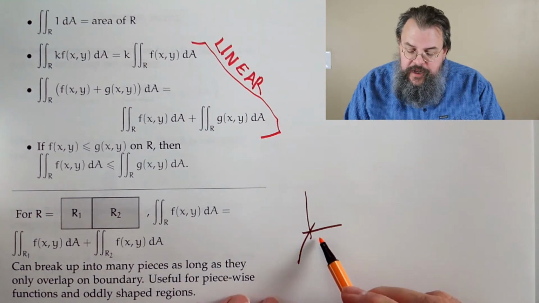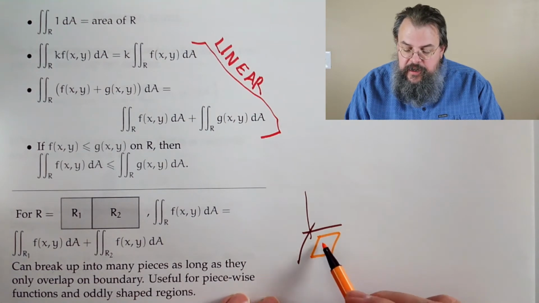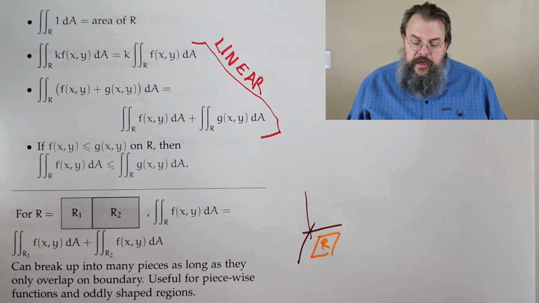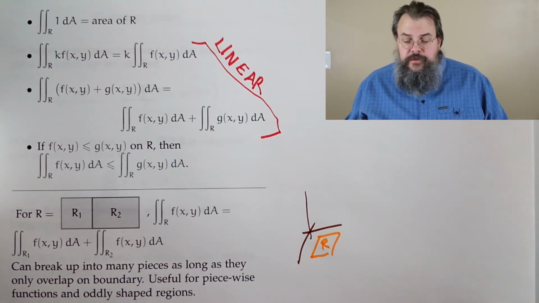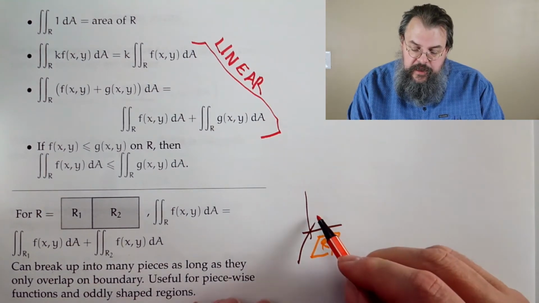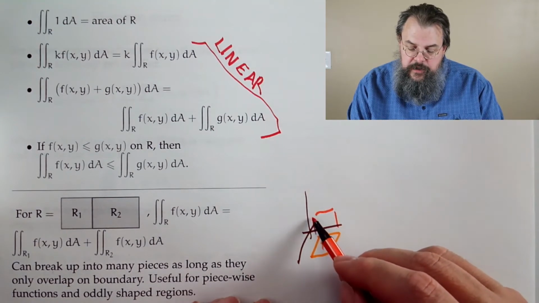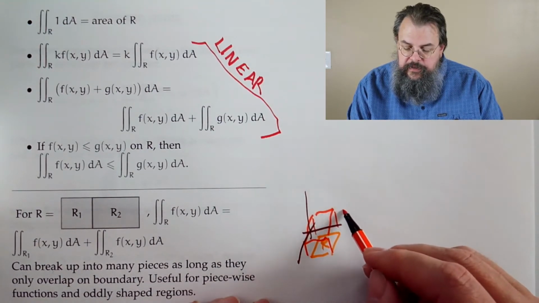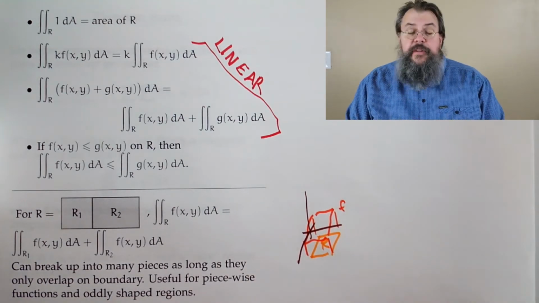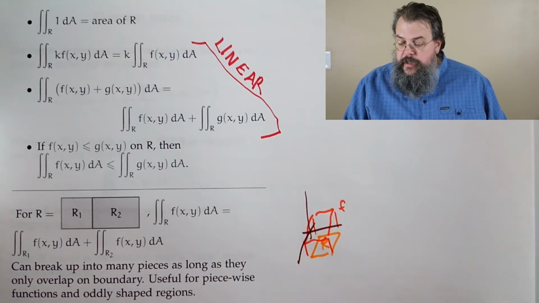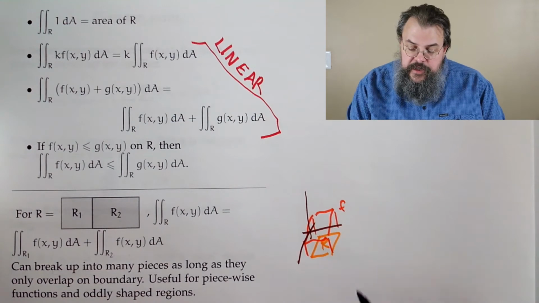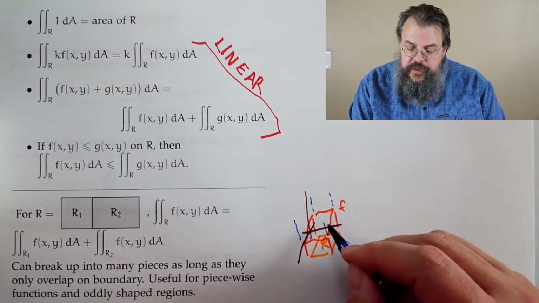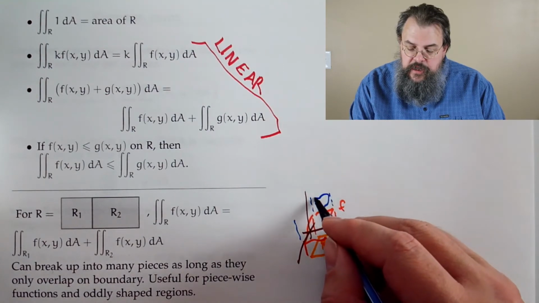So you have your region R down here, and then you have your lower function, which is f, sitting over R. Here's our f. And then above that is another function going up a little bit, and that's g.